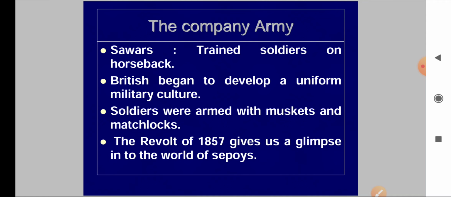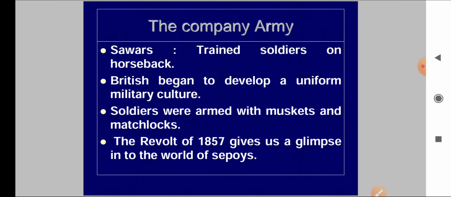The military was modernized, it was not traditional like the Mughal emperors. They gave them training and drill, and focused on discipline and regulation, so that this army could be the perfect army to fight against the Indian rulers.